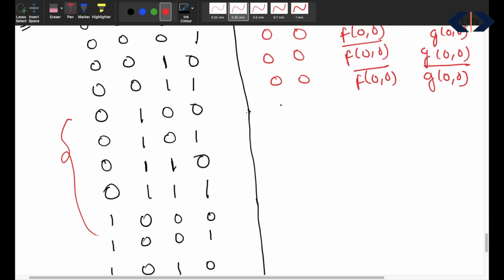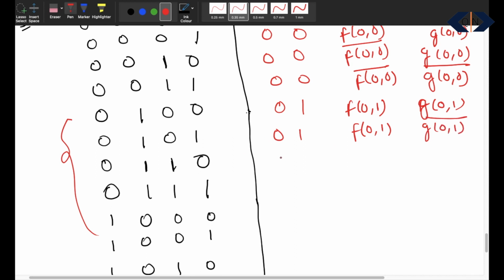So let me quickly fill it. 0, 1, and okay, we are here, right? So Z of 0, 1, F of 0, 1, Z of 0, 1 flip, and this will be 0, 1, F of 0, 1 flip, G of 0, 1.